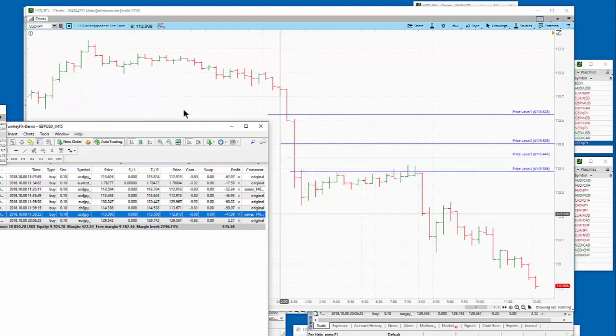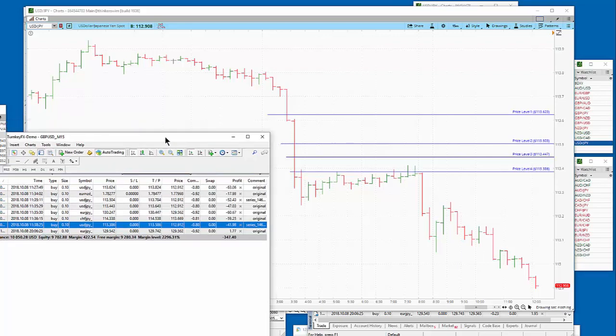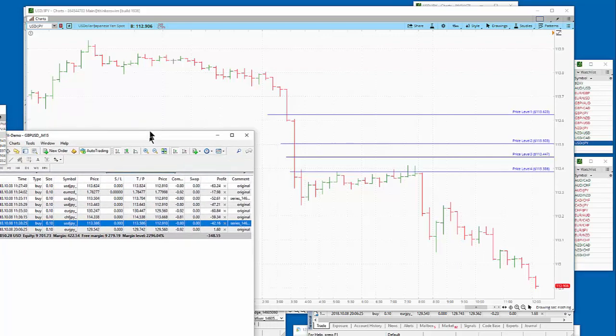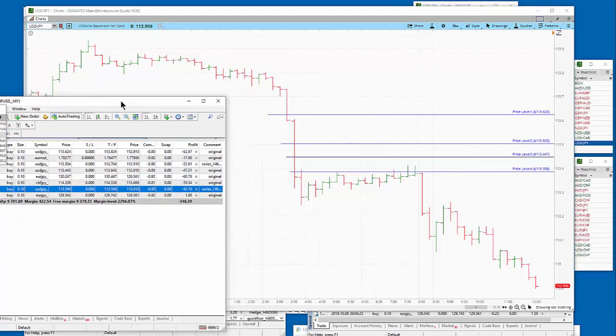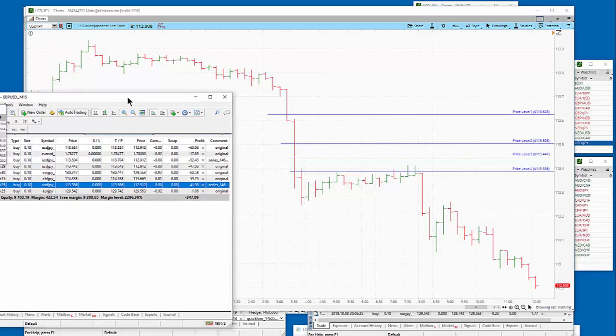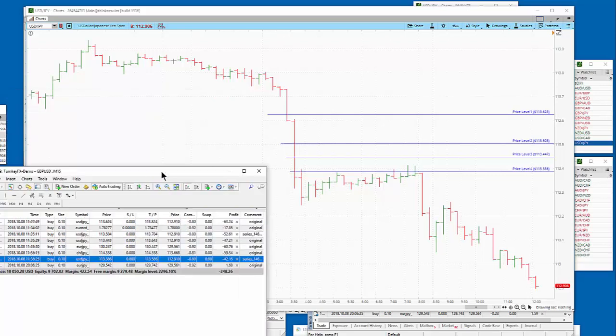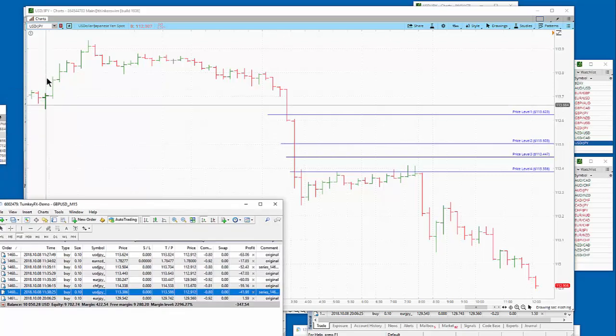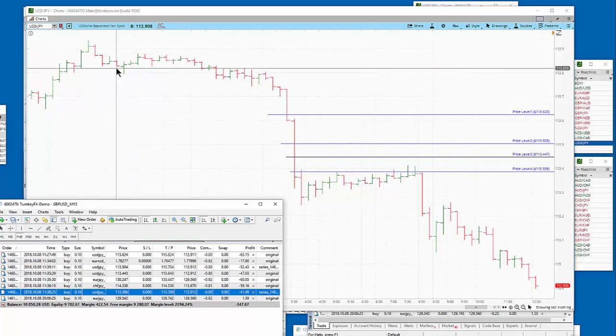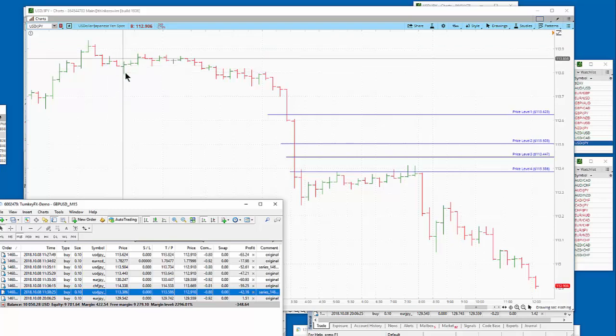Okay, so what we see, and this is a common problem with the EA, but luckily it doesn't happen real frequently, is that when something happens in the market and we have one of these big moves, where the price is kind of doing its thing, going up and down, and Forex prices always go up and down.